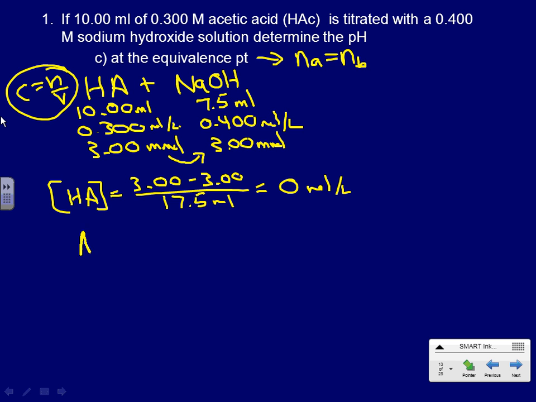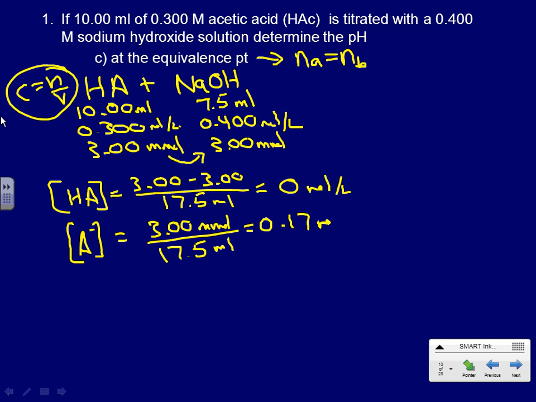But the amount of the conjugate base, it's all been converted. It's all equal to nB, 3.00, and that is millimoles in 17.5 milliliters. And if I do that concentration check, I get 0.17 moles per liter.